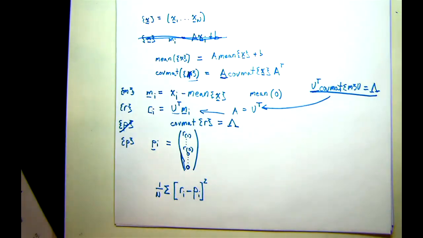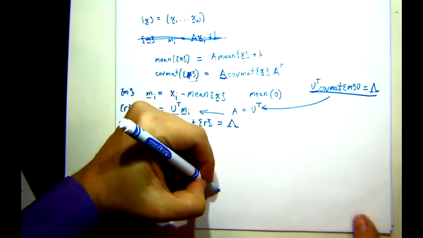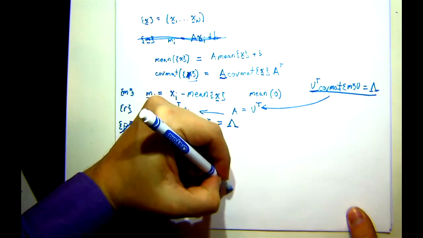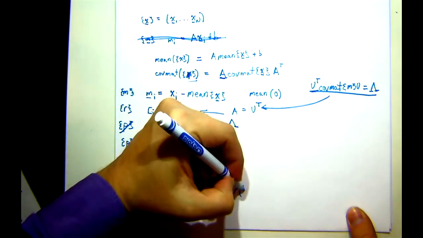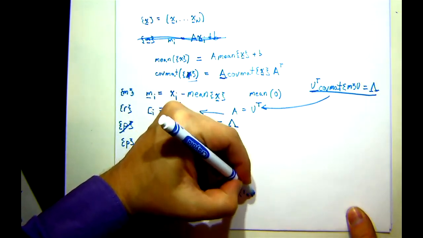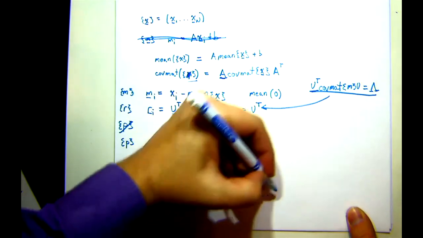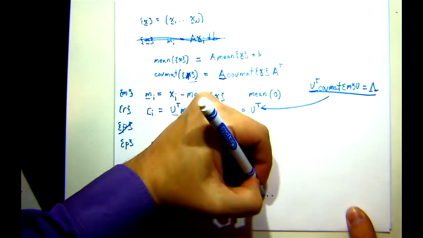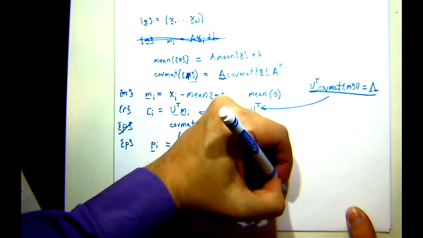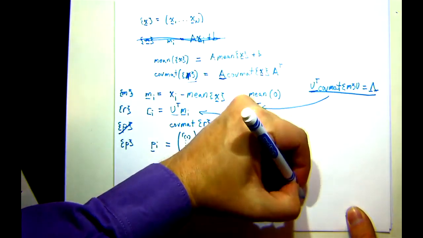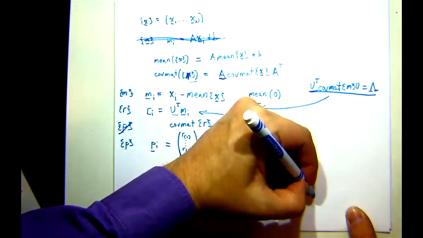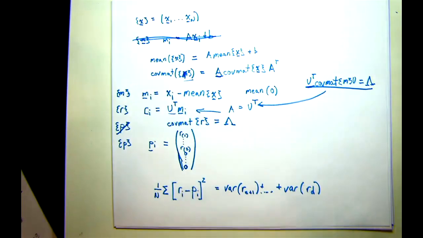But those are just the variances of the individual components. So this actually becomes the variance of R_{S+1} plus ... to the variance of R_D. So that's going to be your error.